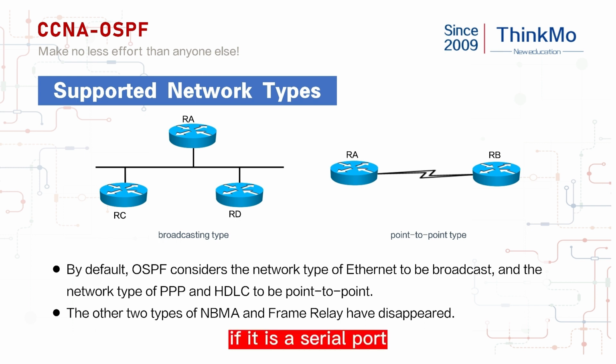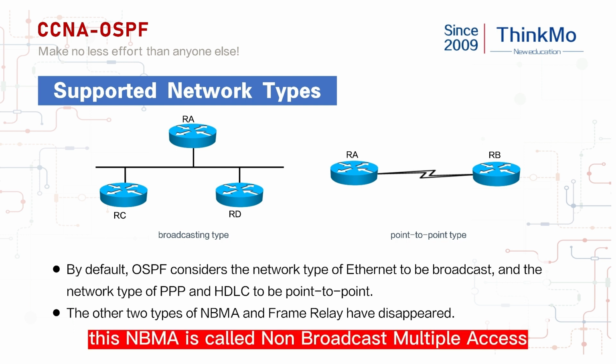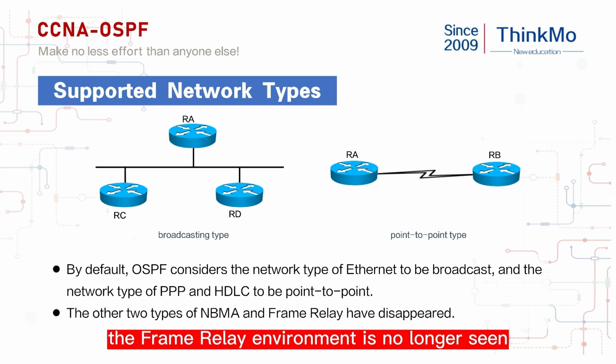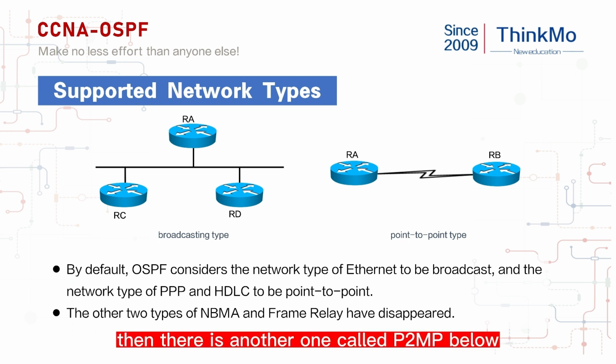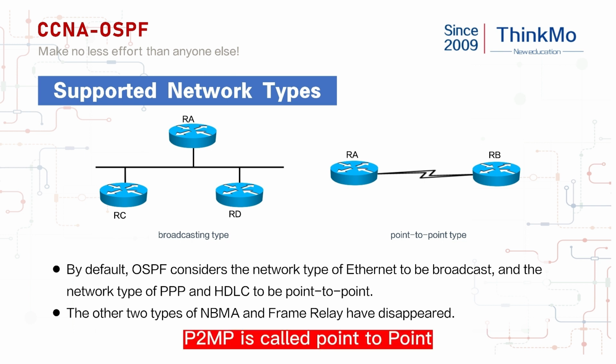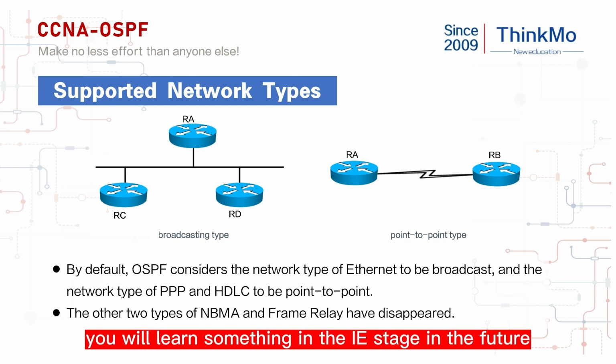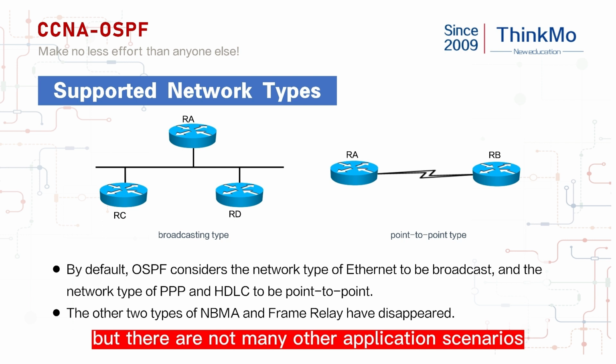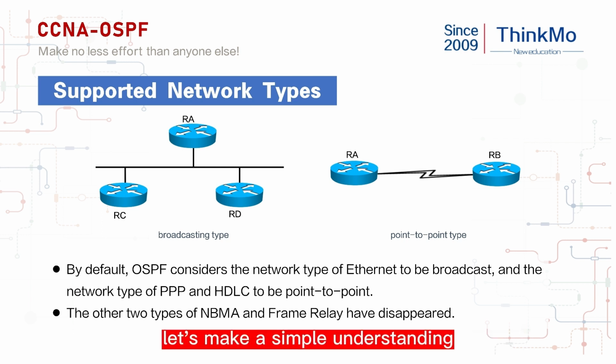If it is a serial port, WAN technology, this is point to point. NBMA is called non-broadcast multiple access, like the old ATM and frame relay environments, which are no longer seen. Then there is another one called P2MP below. P2P is point-to-point, and P2MP is point-to-multipoint. You will learn something in the IE stage in the future called DMVPN, but there are not many other application scenarios. Let's make a simple understanding.